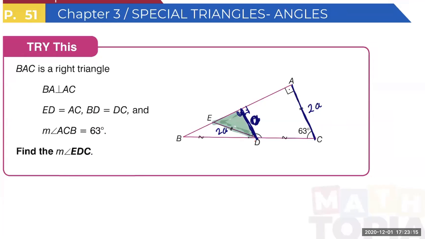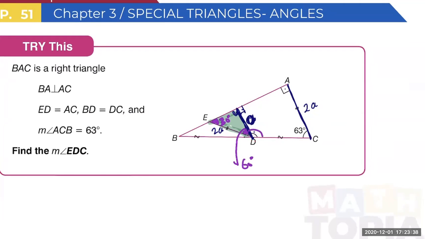What do you see? Oh, I see an a and I see a 2a. Perhaps this is a 30, 60, 90 triangle? Yes. Which one is 30? This one right here. 30. And this part is 60 degrees. Then what is this part?